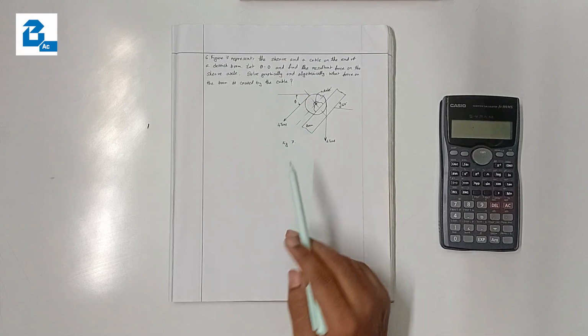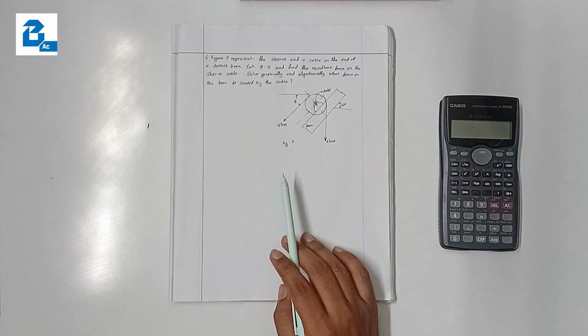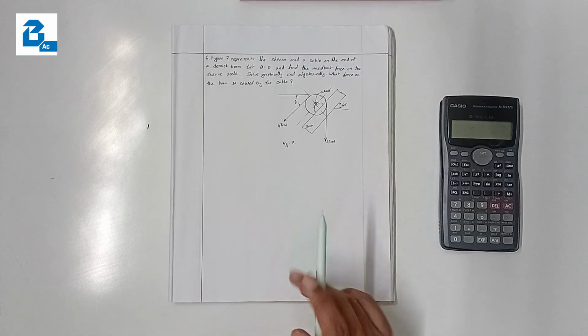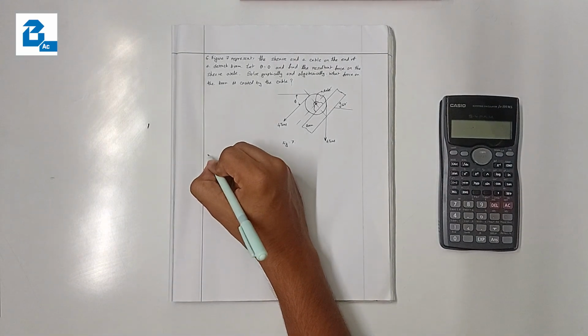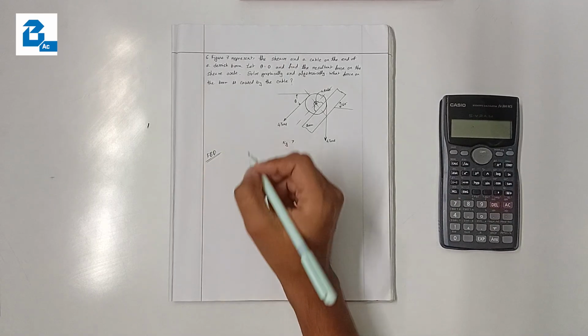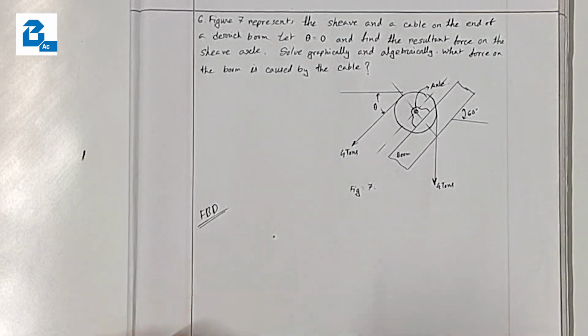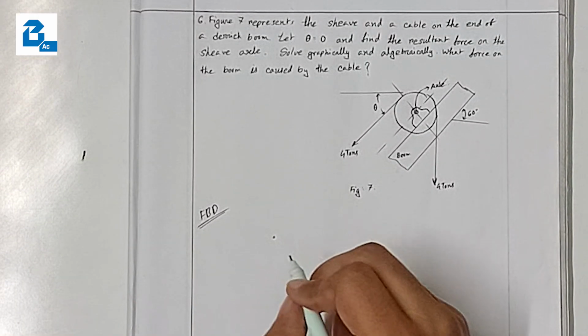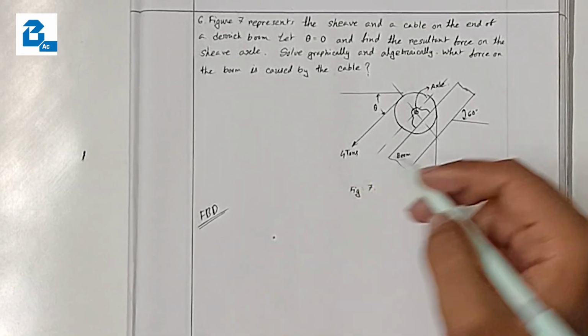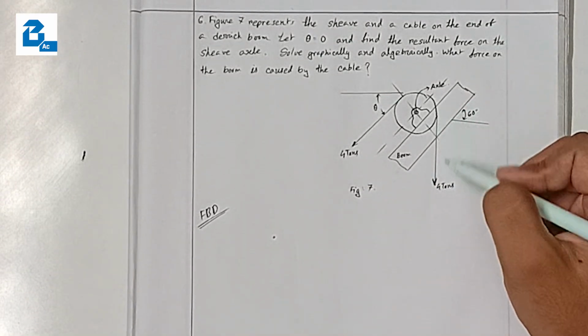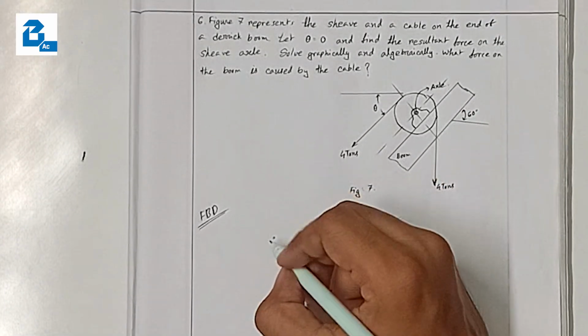So first let's draw a free body diagram for the axle. Here let's assume this point as axle, and then let's draw the vertical force here.